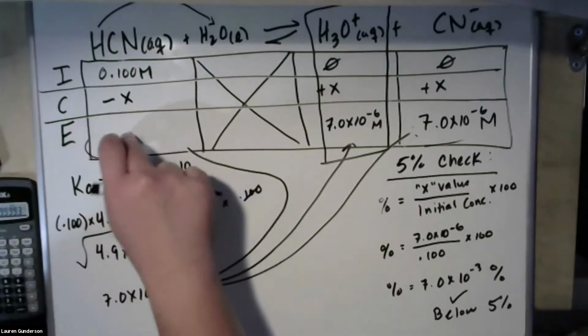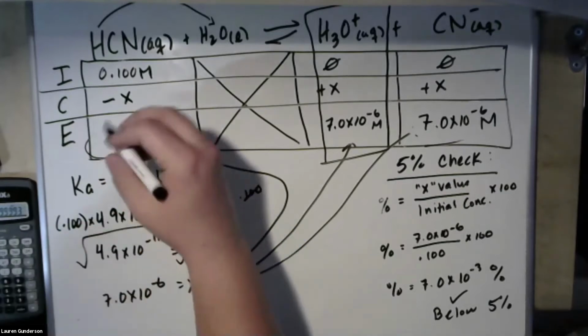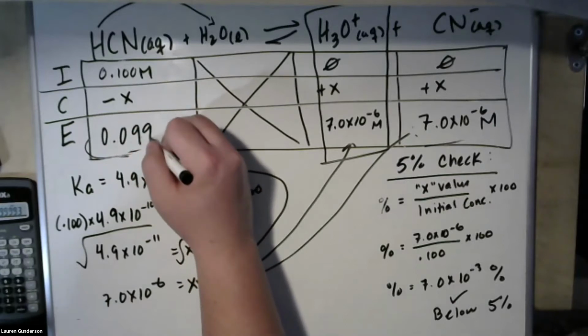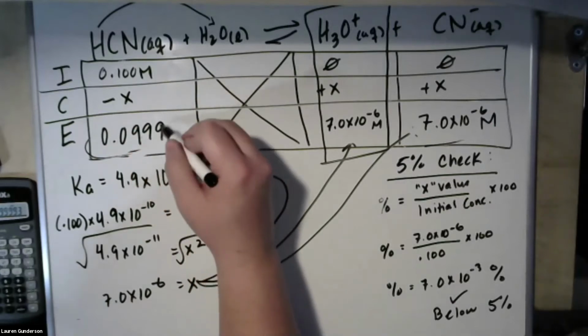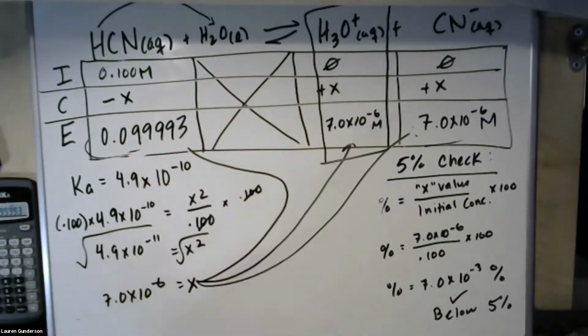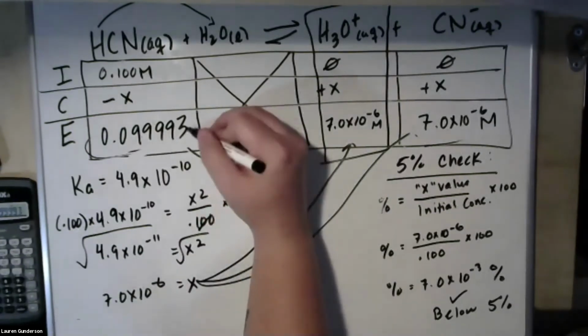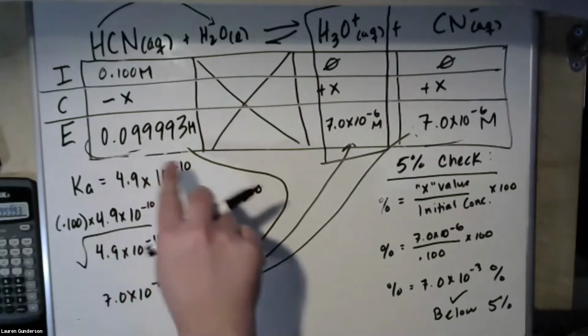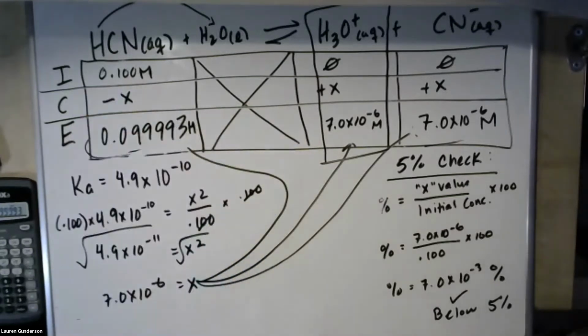You see what I mean when I say that it's so small, it basically doesn't affect it. If you were rounding this in terms of significant figures, it would round back up to 0.1 anyway. I'm just putting in everything that's in my calculator so we could see how similar this is to our initial value of 0.100.